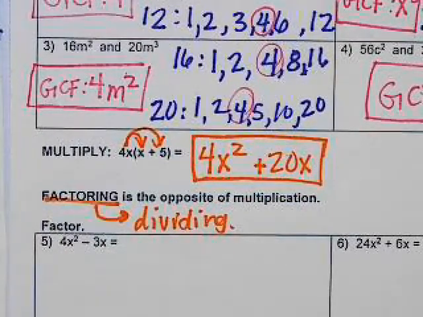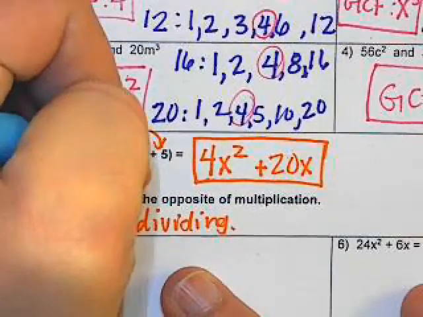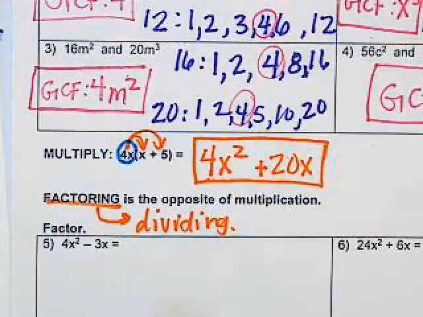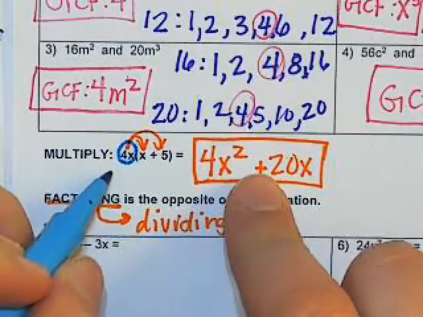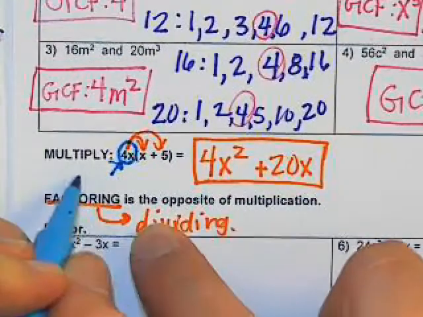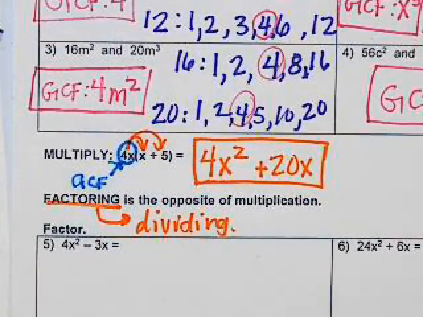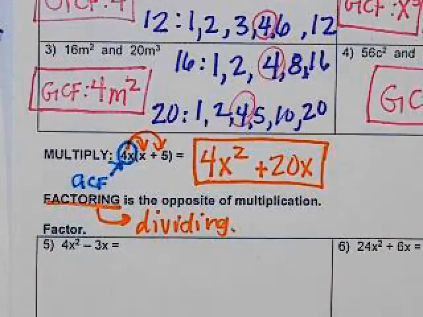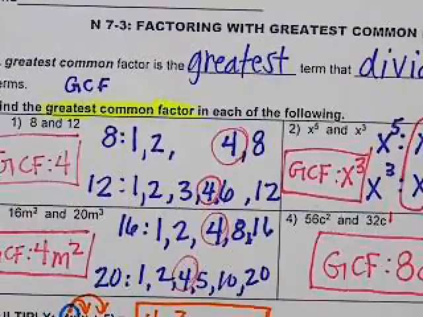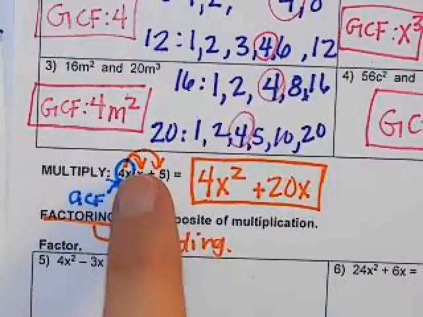Then I want you to also put this right here. See how I circled the 4x right here? Today, that's going to be our GCF. You guys know how you just found your GCF up here, right? That's where we're going to put our GCF right here.